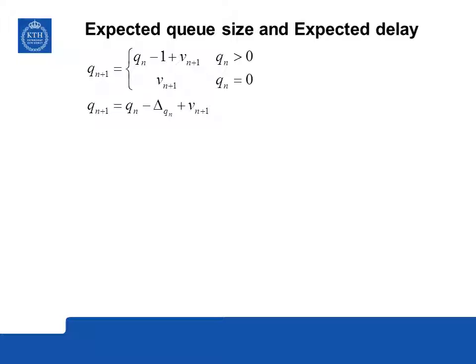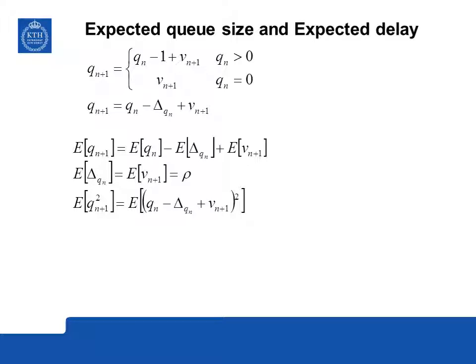according to the following, and here we have introduced the function delta of Qn being a function that is 1 if Qn is larger than 0, and 0 if Qn is equal to 0. Now, taking the expectations on both sides, we get the following expression, and now using the equilibrium condition, saying that in the limit, if the queue is stationary, the expectation of Qn plus 1 must be equal to the expectation of Qn.